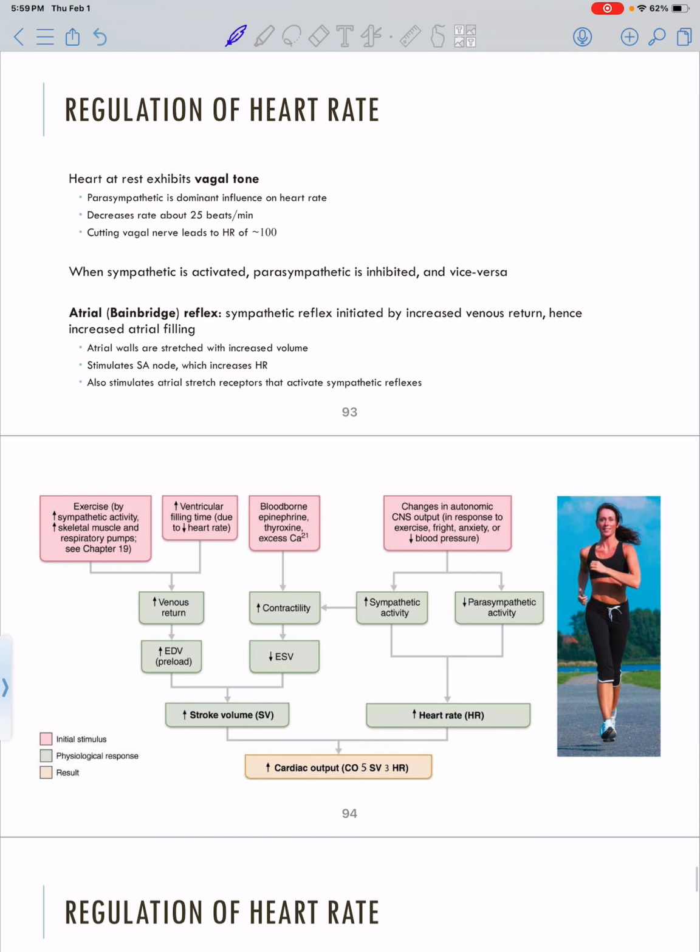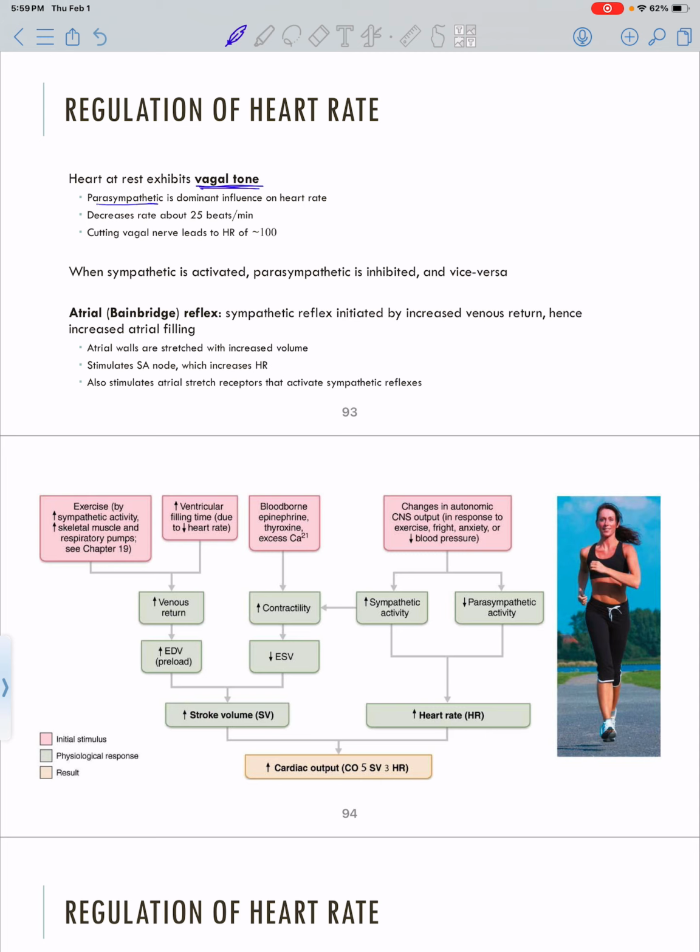Okay, so let's talk a little bit about vagal tone. Both divisions of your autonomic nervous system, so both your sympathetic and your parasympathetic, are constantly sending impulses to your pacemaker cells and your SA node, but there is a dominant influence, and that is inhibitory. And why is it inhibitory? It's because of vagal tone. We talked a little bit about this in AMP1, and now we're coming back to it.